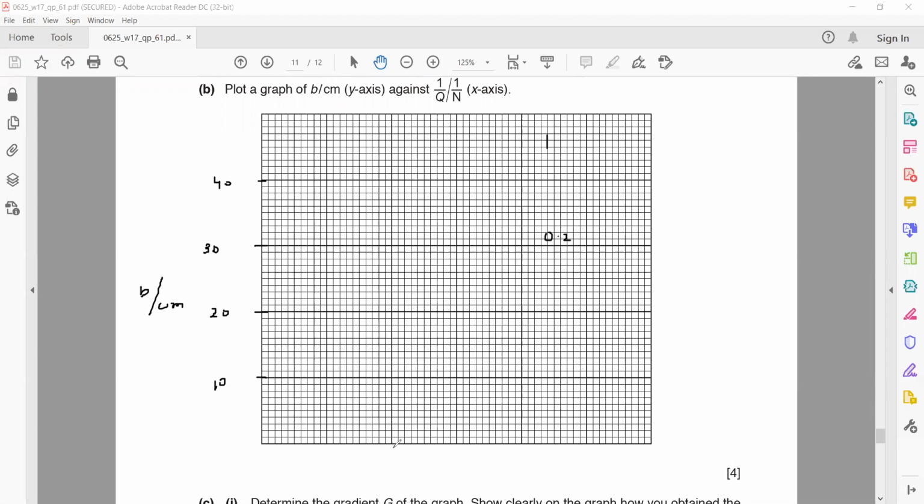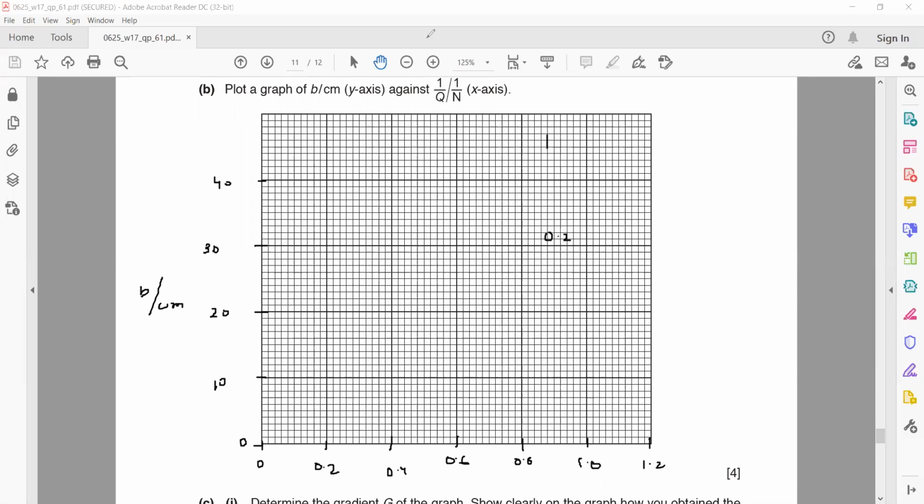If I select 0.2, 0.4, 0.6, 0.8 and 1, then it can be like this: 0.2, 0.4, 0.6, 0.8, 1.0 and then 1.2. 1.2 is not there, but this one is the origin, 0 and 0.